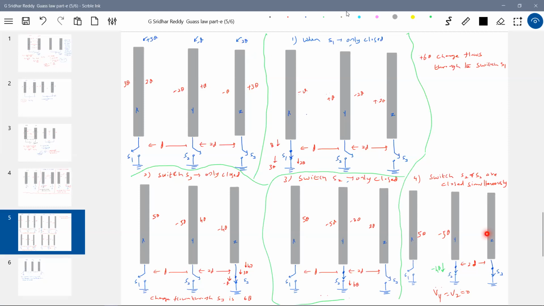So how much is it? It is 0. So how much of charge will flow here? 2q.